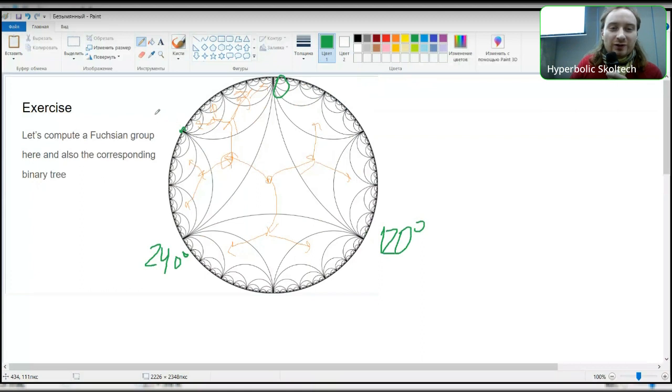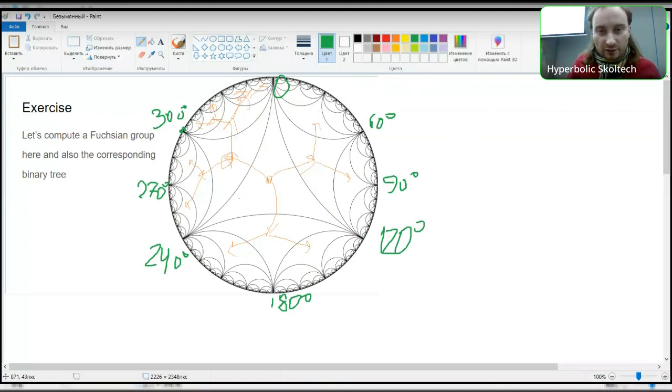This should be on 300 degrees. This should be on 60 degrees. This should be on 180 degrees. And actually all the others are just division by 2. So this is in the middle, 270 degrees. So here 90 degrees and so on. And then we can compute coordinates for this.